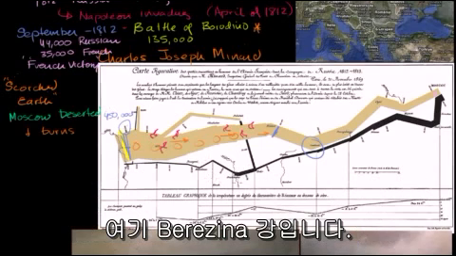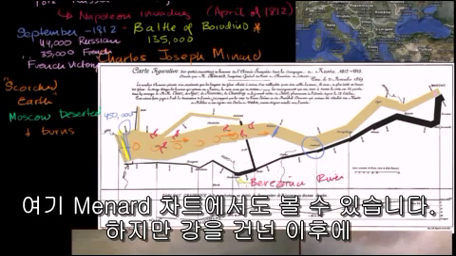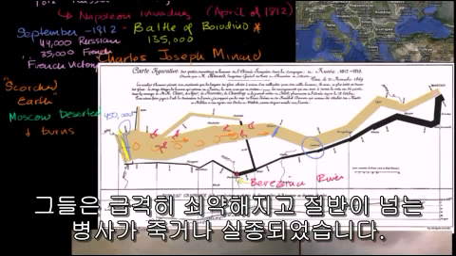So this right here is the Berezina River. And you can even see from Menard's chart that the width was respectable, but after trying to cross that river, it just got decimated, with almost half of the soldiers dying or disappearing.